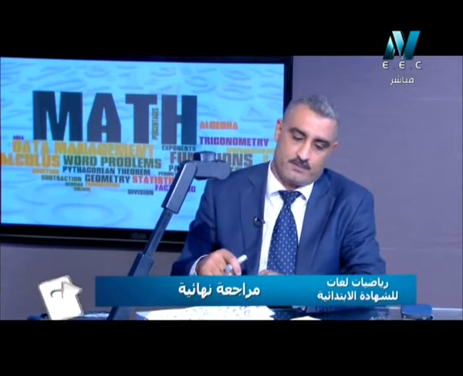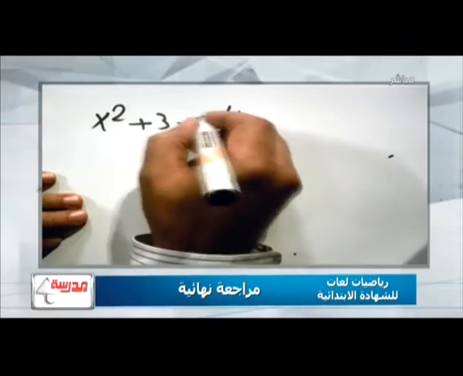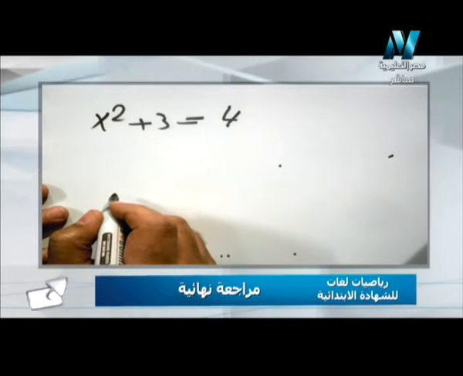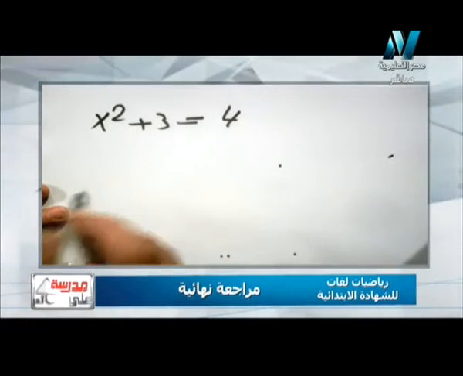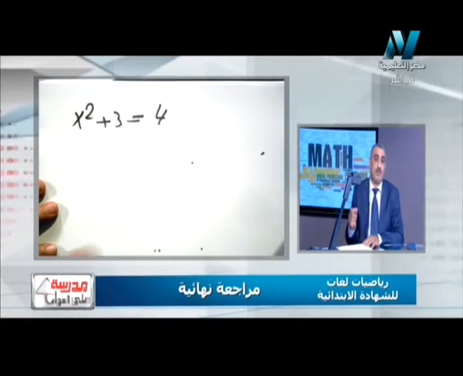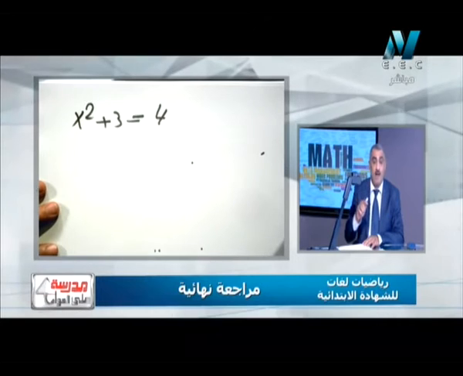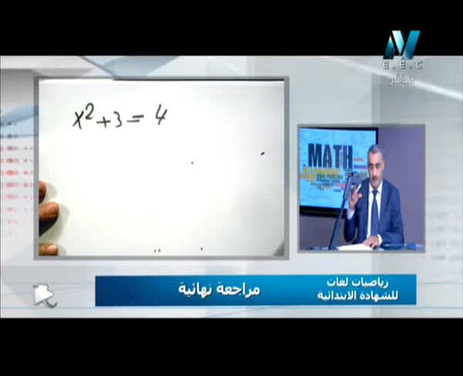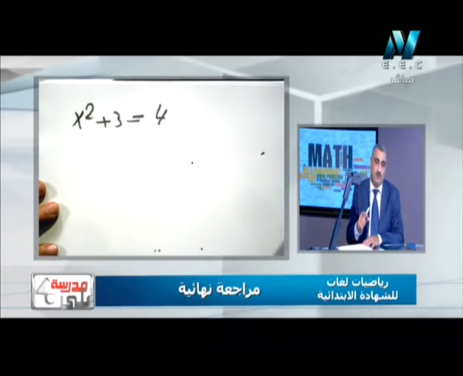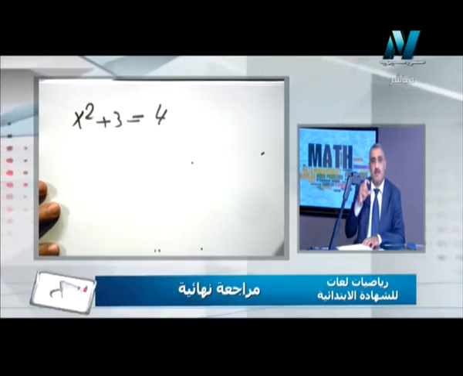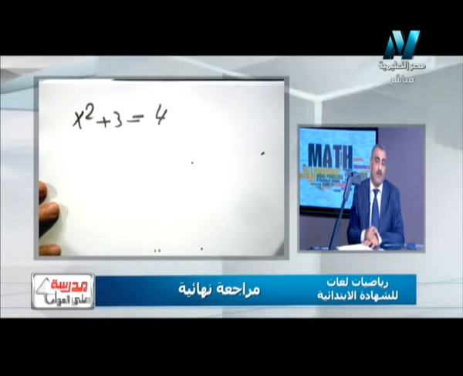The equation x power 2 plus 3 equals 4 is of which degree? First, second, third, or fourth? Very important and simple point, my dear students. How can we determine the degree of the equation? The highest power of the unknown of the equation.